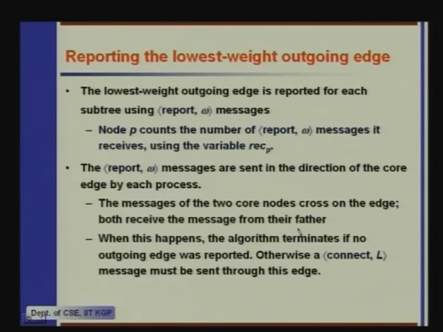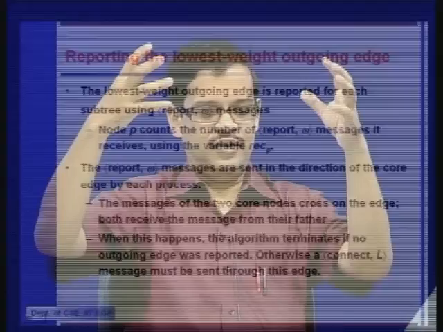So, what is happening is, you see that here is the core edge, and this is one fragment, this is one fragment joined by the core edge to form the integrated fragment, right. Now, the best weight outgoing edge of this fragment comes up to one end of the core edge, this one comes to the other end of the core edge, and then they exchange.